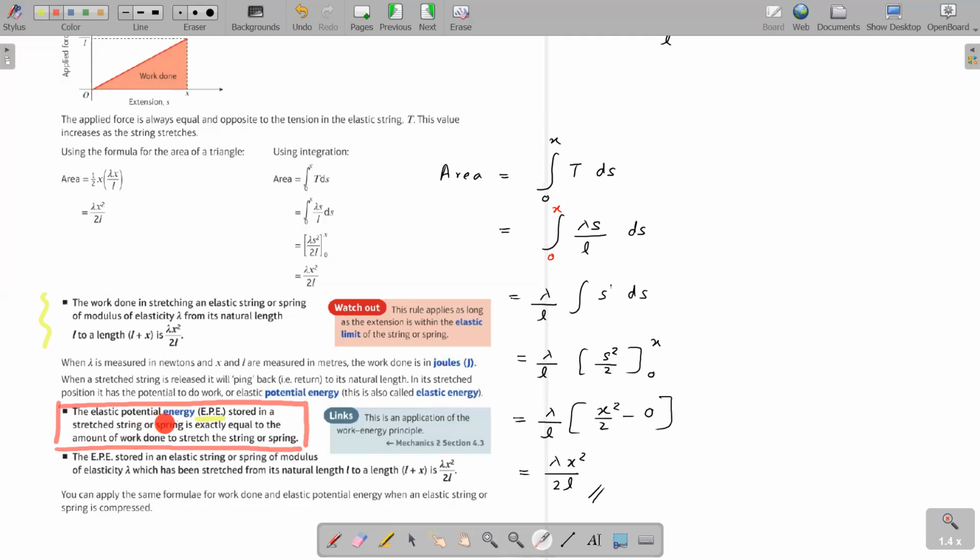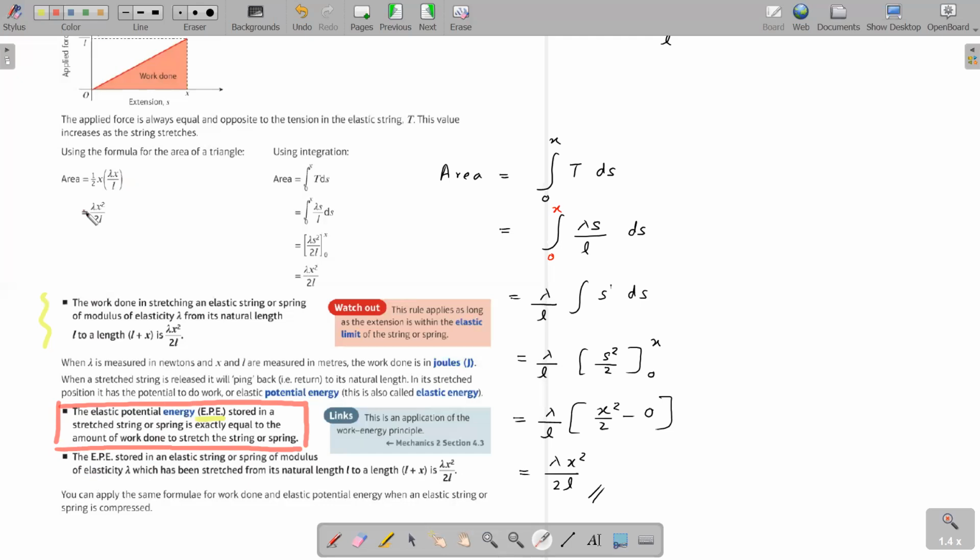The elastic potential energy stored in a stretched string is exactly equal to the amount of work done to stretch the string. So basically what you're finding here, the work done is actually equal to the elastic potential energy stored in the string or spring. So at the end of the day, the equation you found for work done is equal to the elastic potential energy stored in the string when you stretch it.